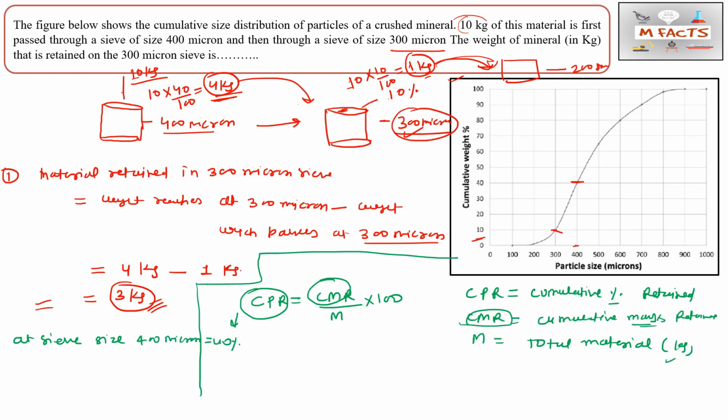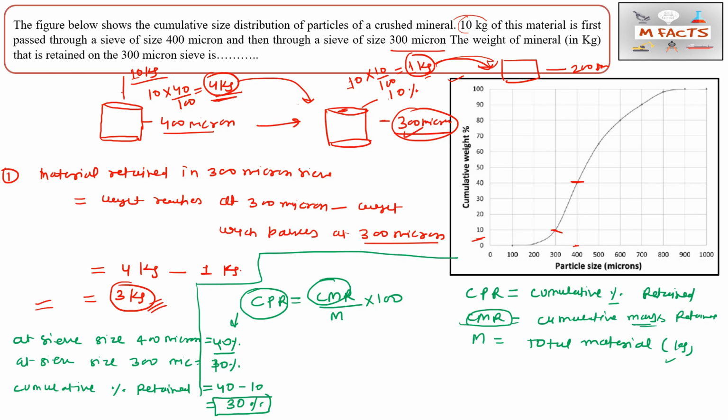Okay, they have already given in the question that the cumulative weight percentage at 400 micron is 40%, and at sieve size of 300 micron is 10%. So the cumulative percentage retained we can find by subtracting 40 minus 10, that will be equal to 30%. Okay, so this value represents the cumulative percentage retained.